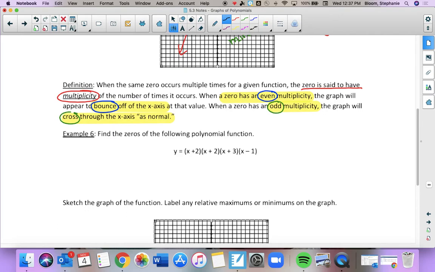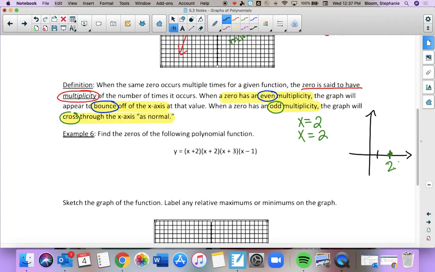Okay, and I'm going to show you an example of this. So let's just say we get out when we solve x equals 2, x equals 2, okay? So I'm going to just do a pretend graph right here. So there's 2. Whoa.